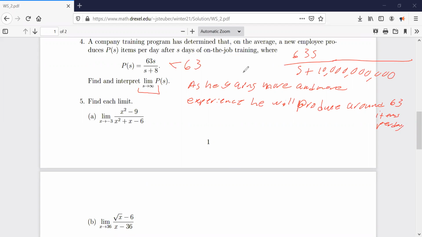And also this is the model for the average for a new employee, but we can also extrapolate that he's not going to produce the same amount every single day. Some days he'll produce a little bit more, some days a little bit less. Something that captures the essence of that sentence will get you full credit.